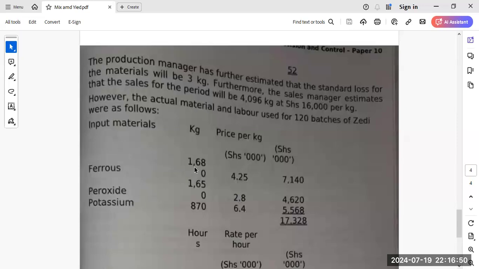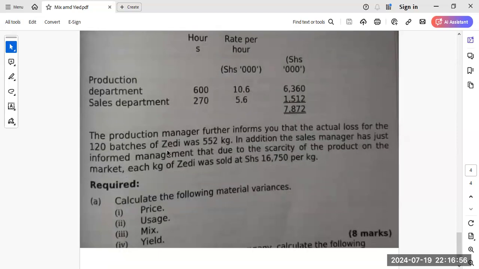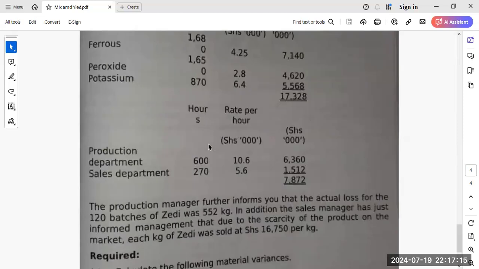Then they told you further about the sales. Additional information here: the production manager further informs you that the actual rows, now they are giving you the actual rows, for 120 batches of Z was this. So this is the actual rows.